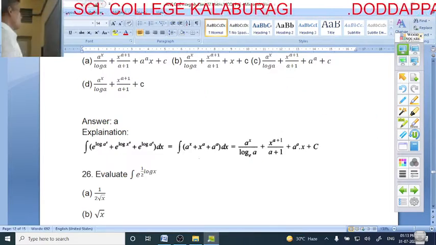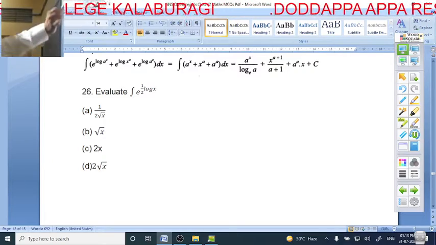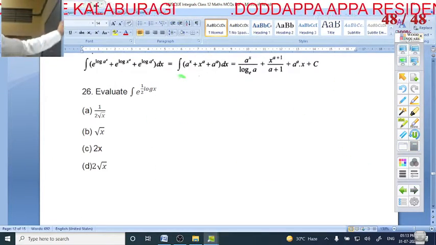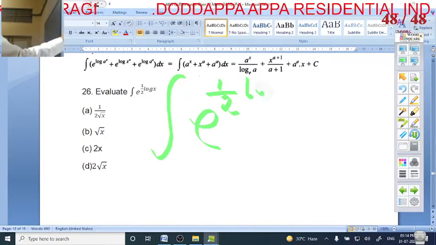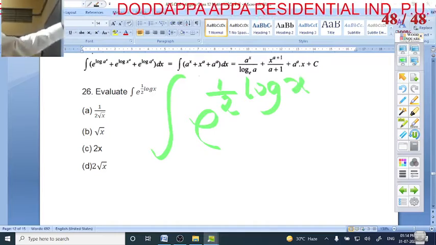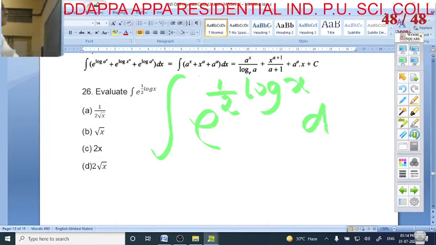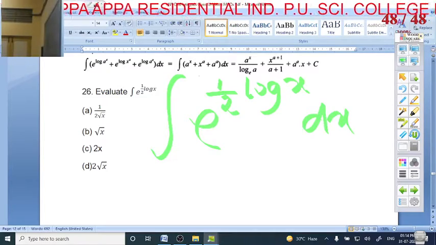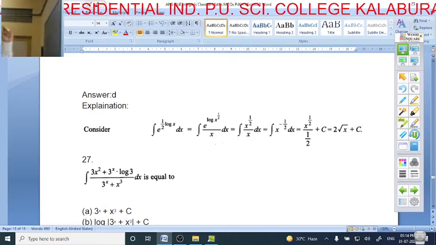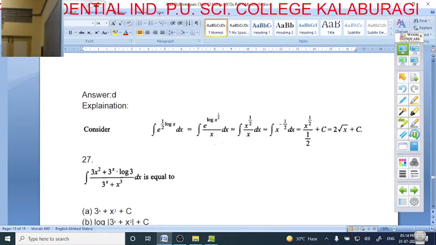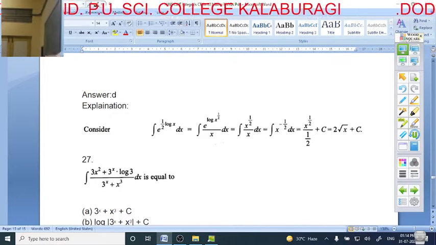Now come to the next example, 26th. Integration of e to the power 1 by 2 log x dx. To integrate this, let us look at the answer. Integration of e to the power 1 by 2 log x can be written using the logarithmic property.